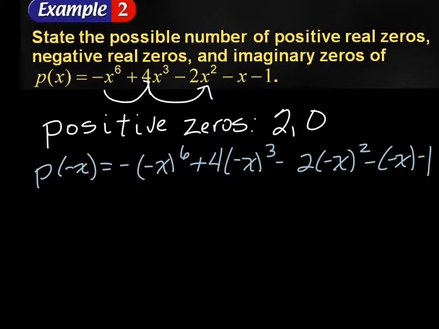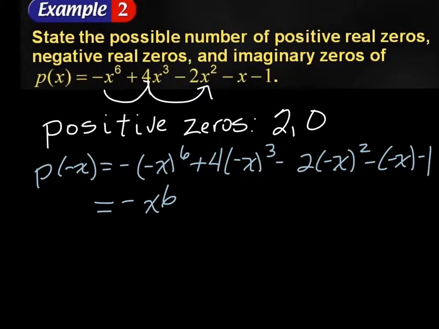Next we need to evaluate p of negative x. Every place there was an x, I replaced it with negative x. If I'm raising a negative to an even power, it's going to stay positive, so it stays the sign it was. If I'm raising a negative to an odd power, negative 1 times negative 1 is 1, times negative 1 is negative 1.